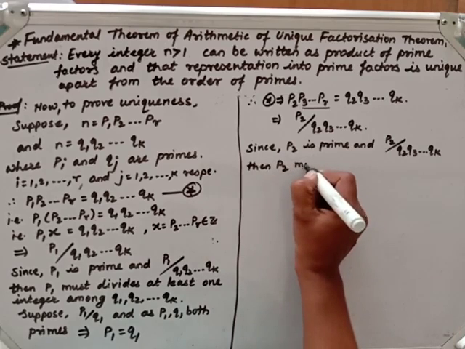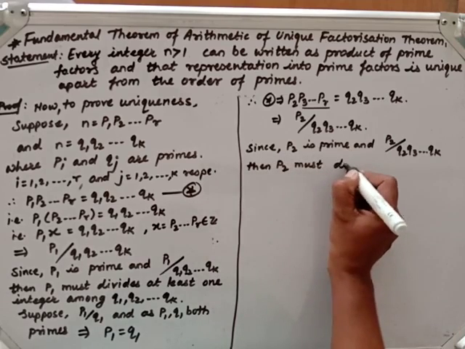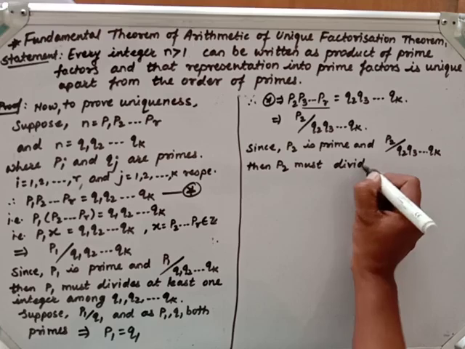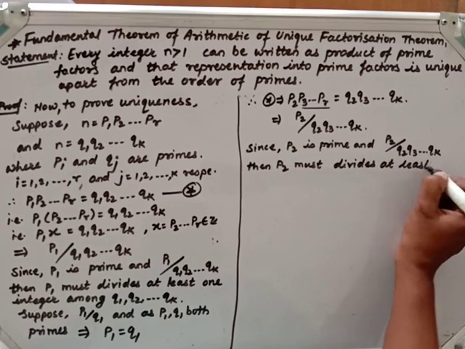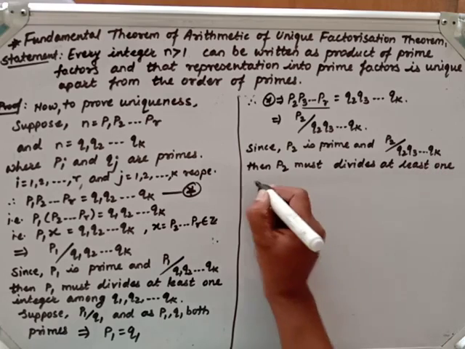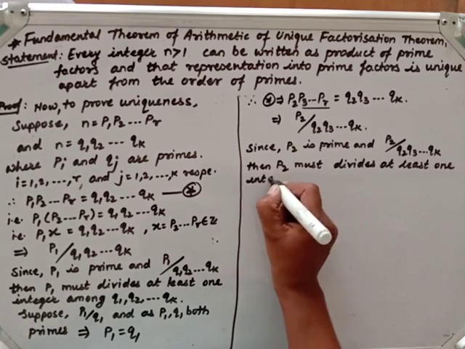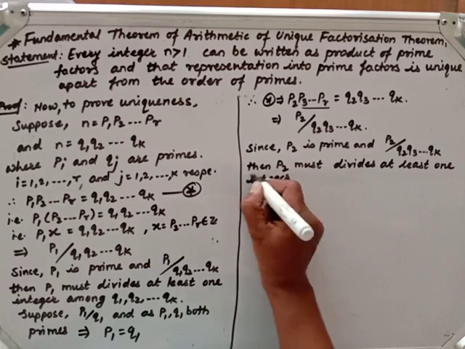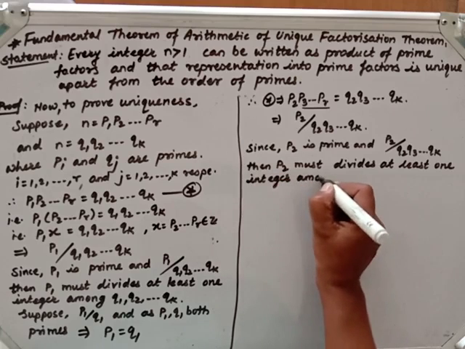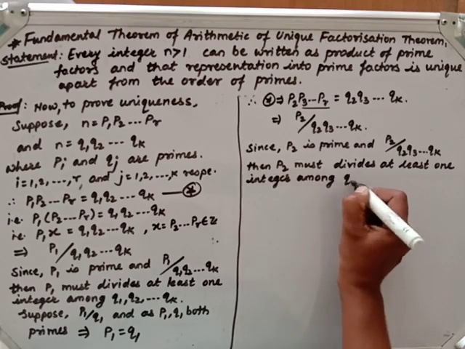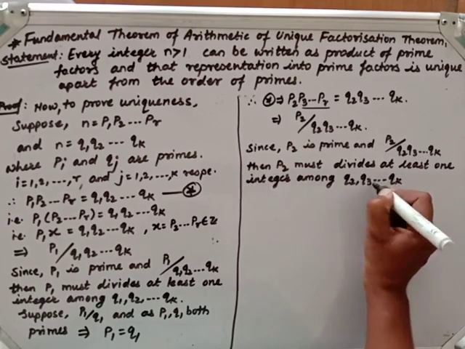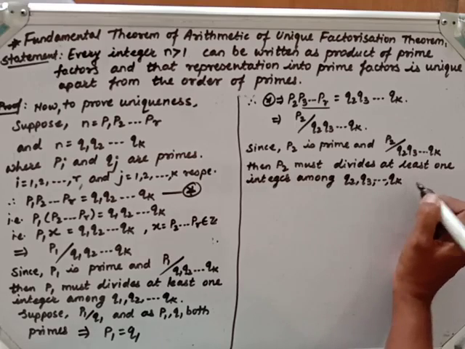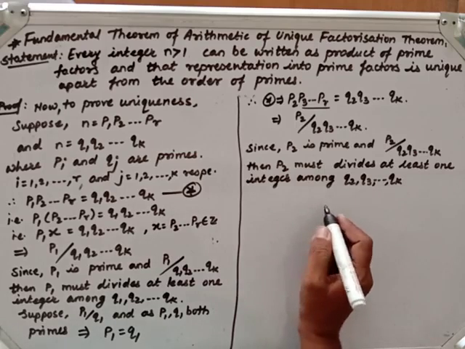p2 must divide at least one integer among q2, q3 and so on up to qk.